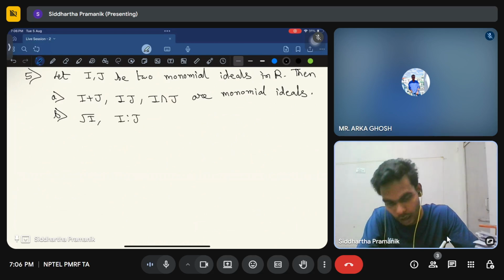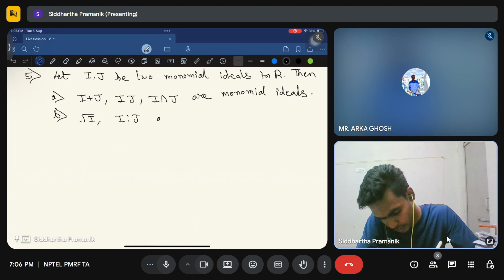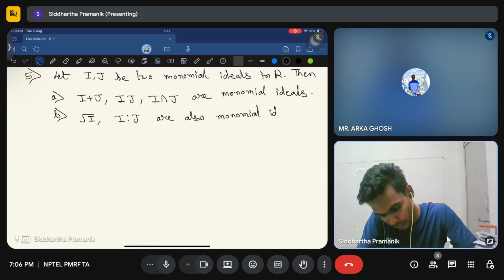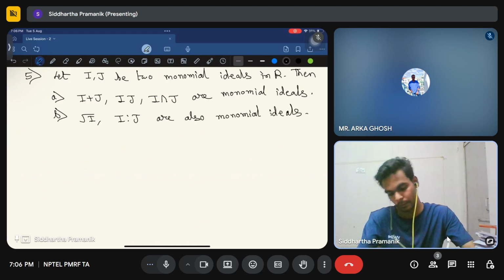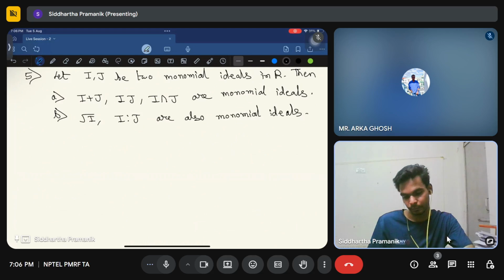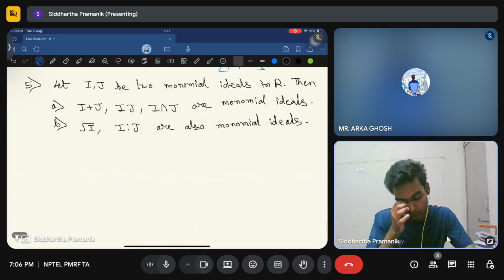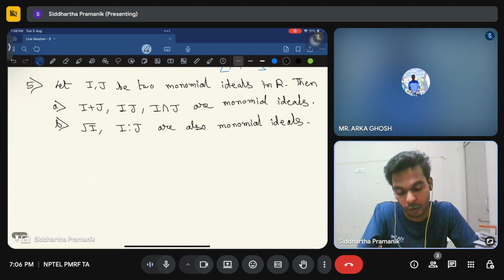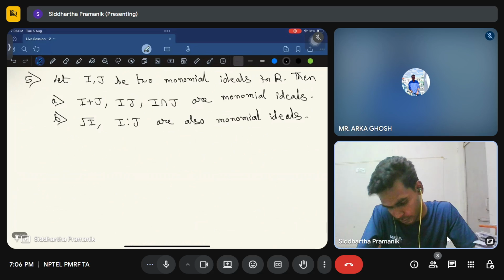These are also monomial ideals. I will not prove this. These are not difficult, but one may refer to a standard text. But it's worth knowing these things.